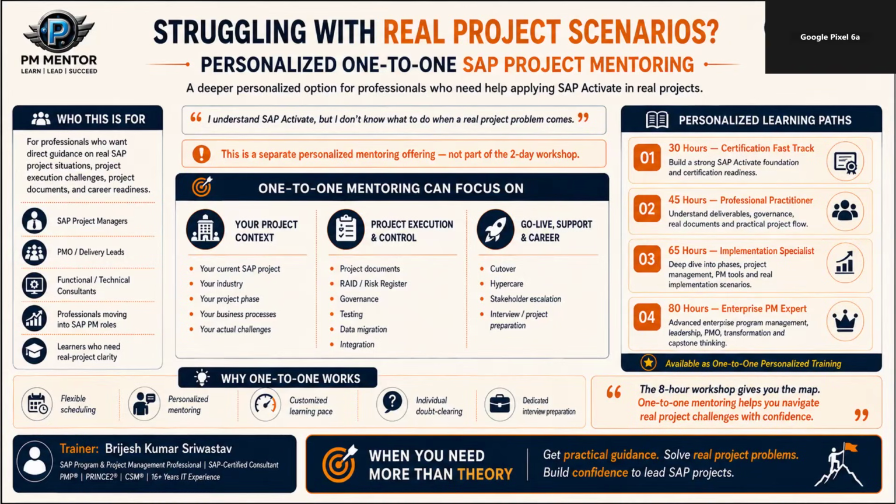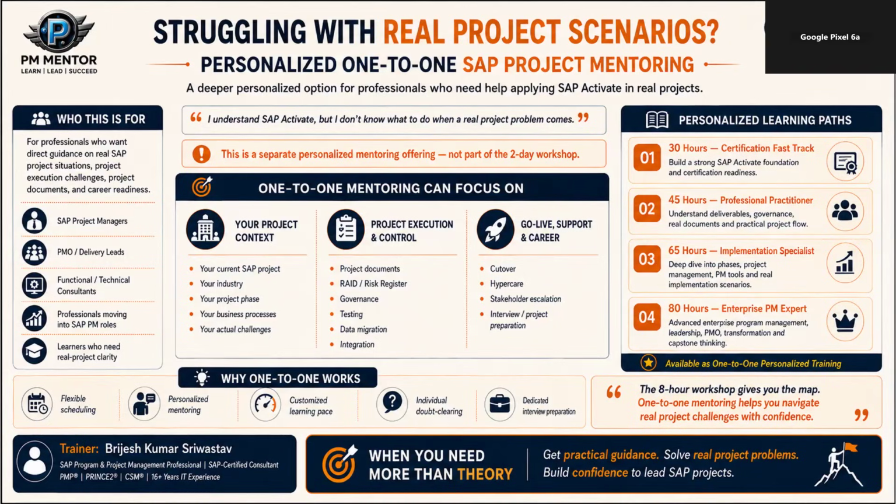Now, on the right side you can see different learning paths. We have the 30-hour certification fast track. This is mainly for someone who wants to build a strong SAP Activate foundation and prepare for certification. Then there is a 45-hour professional practitioner path, where we go deeper into deliverables, governance, real project documents, and practical project flow.